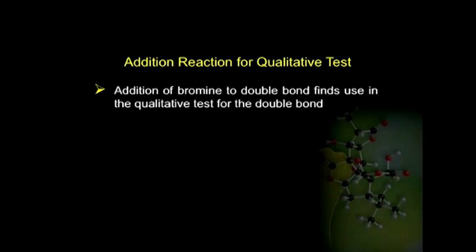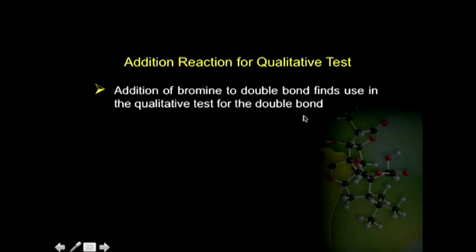Similar to what we observed in case of alcohols, where a reaction happened to be a qualitative test for differentiating between primary, secondary and tertiary alcohols, we observe that addition of a halogen molecule to an alkene also gives us a very good qualitative test.